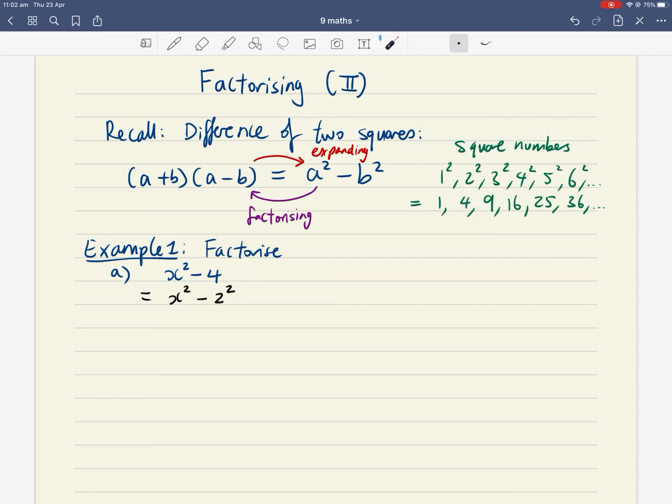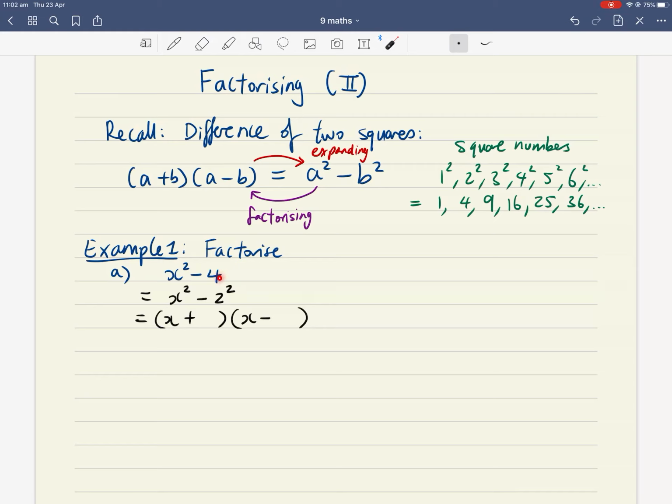And because it's in the pattern of a subtraction, a difference between two square numbers, then to go backwards and factorize, you write down brackety. Well, what goes in is your first thing, so a, not the squared though. So our first thing is x. So you put x in the brackets. Then one is plus, one is minus, and then your second term in your brackets is your second number, which was squared.